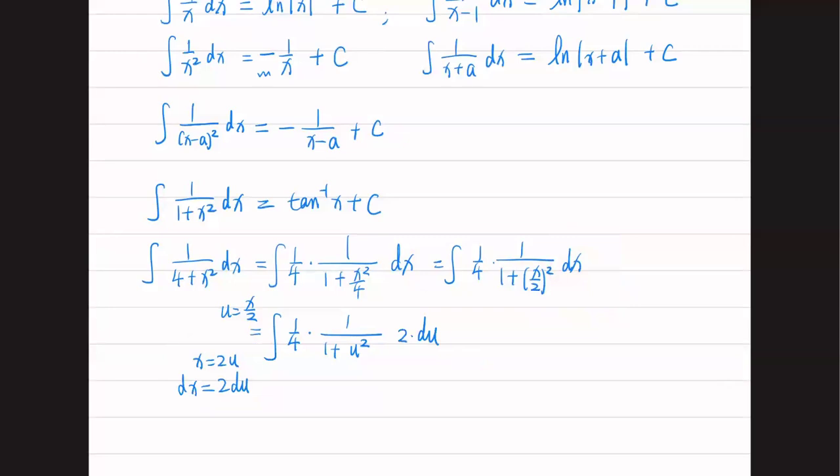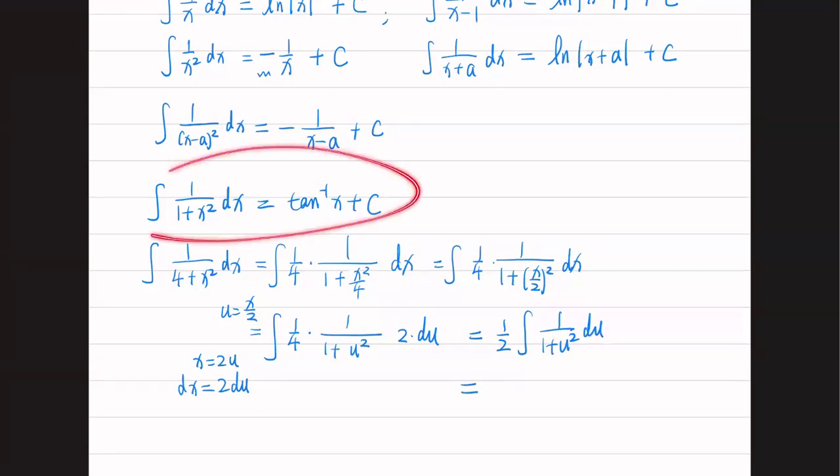Okay, now we are in the correct setting. So it's 1/2 times the integral of 1 over 1 plus u squared du. And we know by this formula, they give us arctangent u. Then we switch back to x.